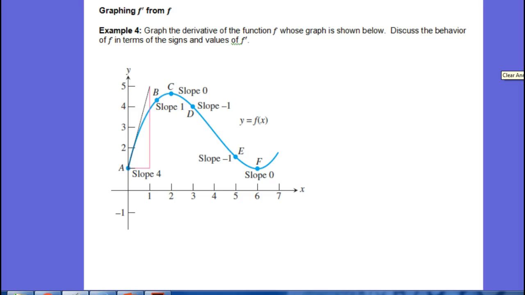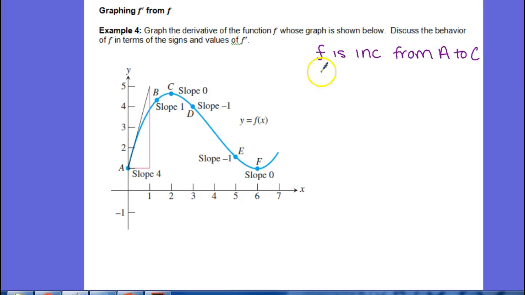So if the original function is increasing, from A to C, we are increasing, right? So f is increasing from A to C. What does that mean the derivative is doing now?